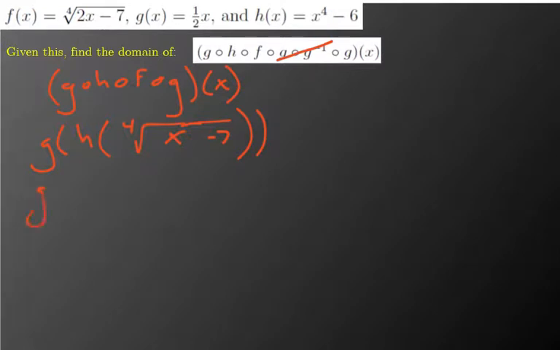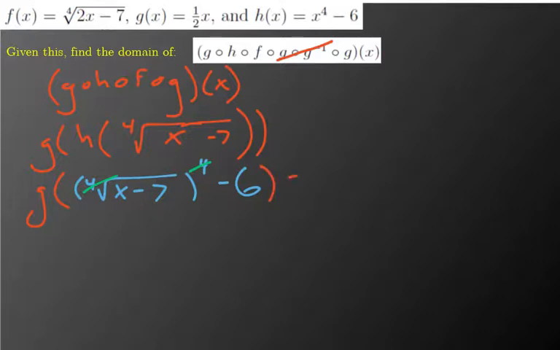So we're going to do g of, just mix up the colors here a little bit, this thing to the fourth minus 6. And like I was saying, this is pretty nice. The fourth root and the 4 there cancel. Again, missed a parenthesis.